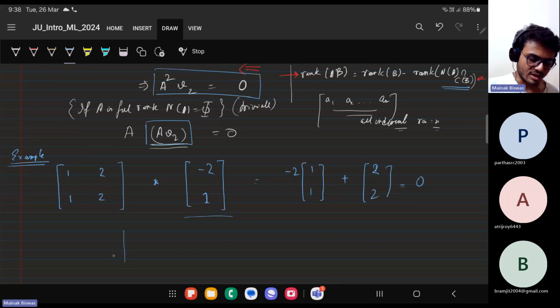So in the column space, you're right. It is just 1, 1. This is your column space, right? 1, 1's combination. So yes or no? Yes, because if I have x into 1, 1 plus y into 2, 2, it is x plus 2y into 1, 1.